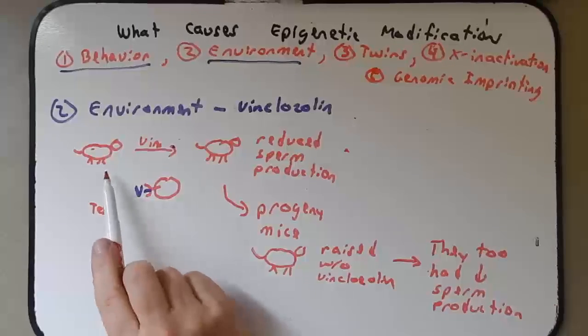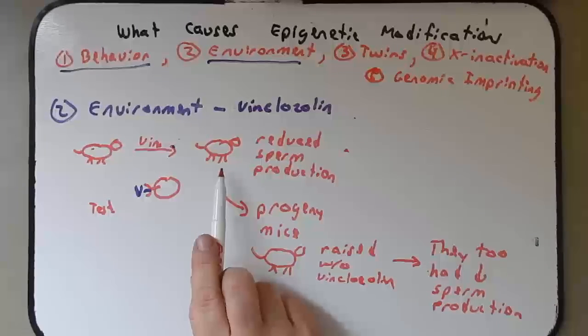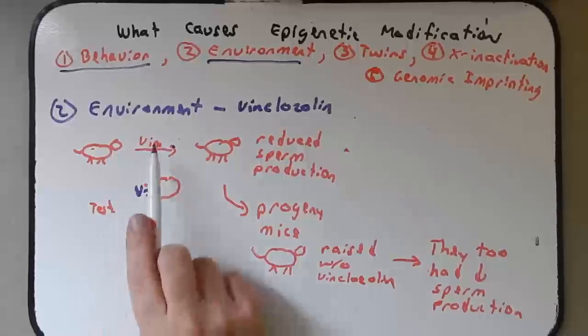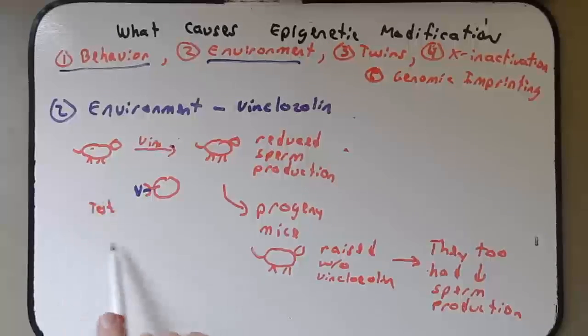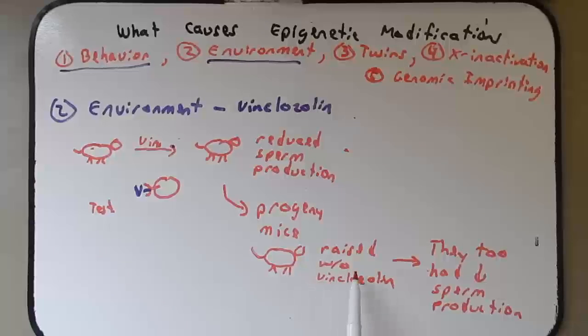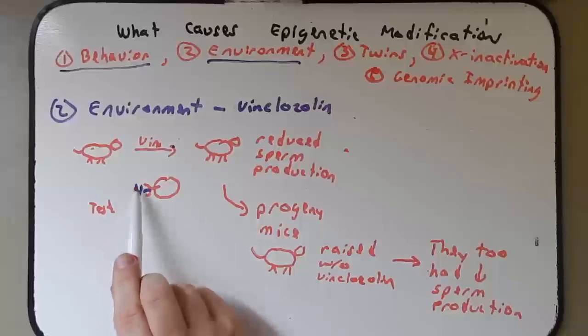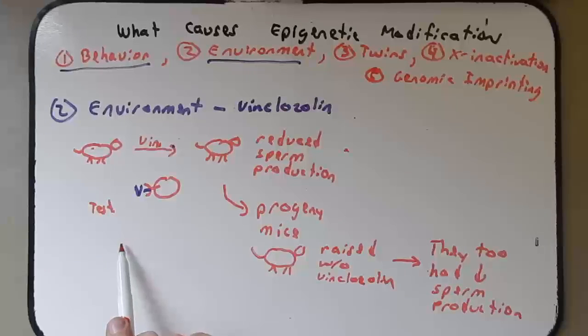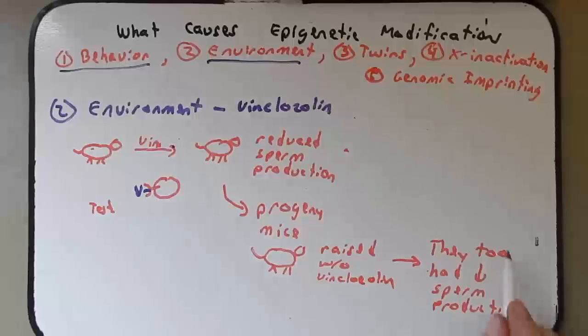So what caused decreased sperm production in this first generation was the vinclozolin, because of the competition with the testosterone receptor. However, these mice here were raised without vinclozolin present, so there should be none of this blocking of the testosterone receptor from occurring. So why is this happening? In fact, the mice that resulted from this generation also had reduced sperm production. It went on like this for generations.